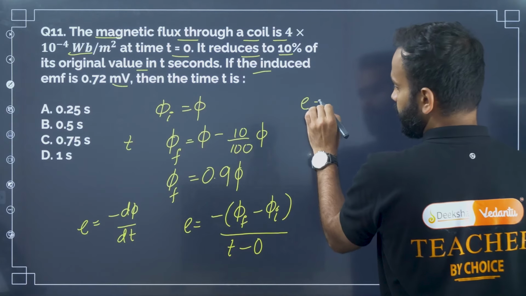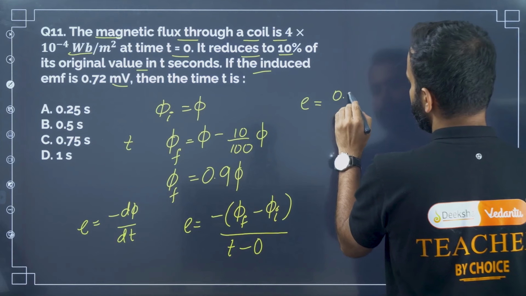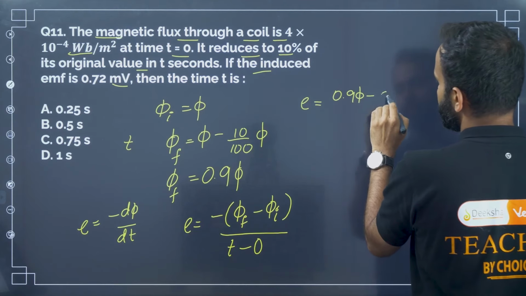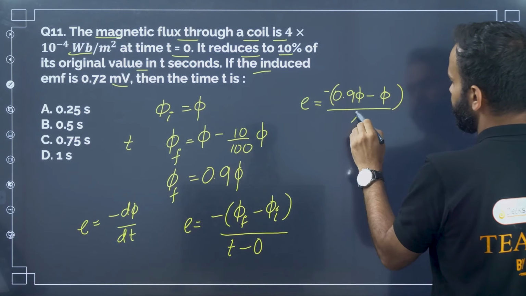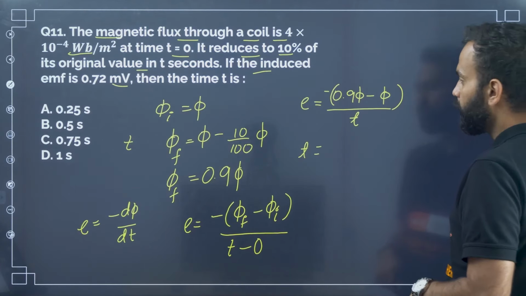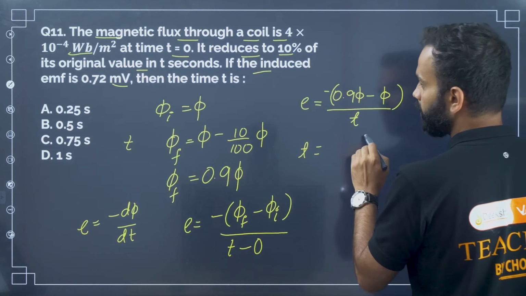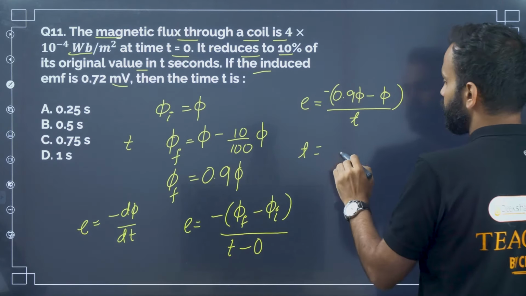So now E is equal to phi f is 0.9 phi, right? So 0.9 phi minus phi, your minus is there, divided by t. So now t is equal to, your phi minus 0.9 phi is 0.1, right? 0.1, minus into minus plus.